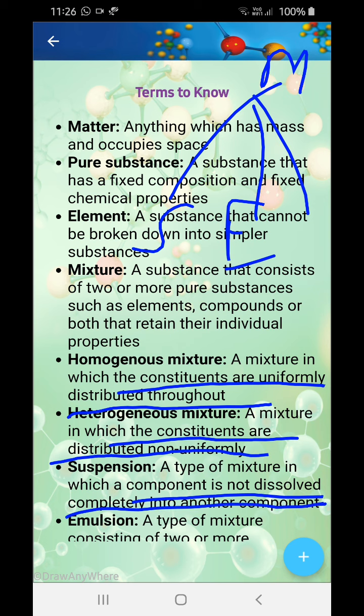Now these are two of the heterogeneous mixtures we have, suspension and emulsion. It's not completely dissolving, and another property which is very interesting is that the solid particles fall down due to the force of gravity.